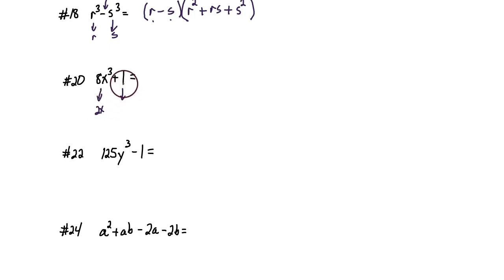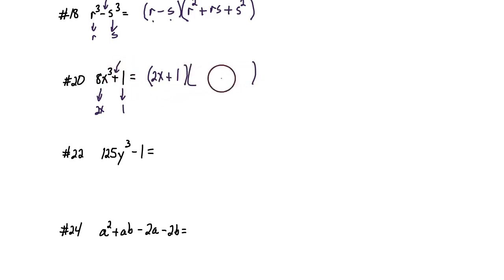Can you take the cube root of 1 and get a whole number? Yes, you can. It's 1. So because they're both perfect cubes, we know it's a sum of cubes. Small set of parentheses, longer set of parentheses. Fill in that 2x, fill in that 1, and use the same sign as what that original problem had.